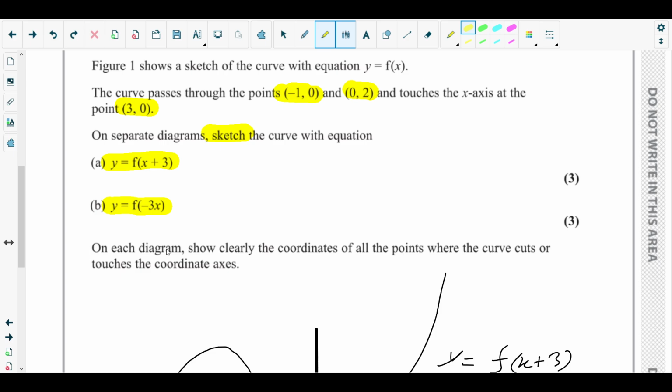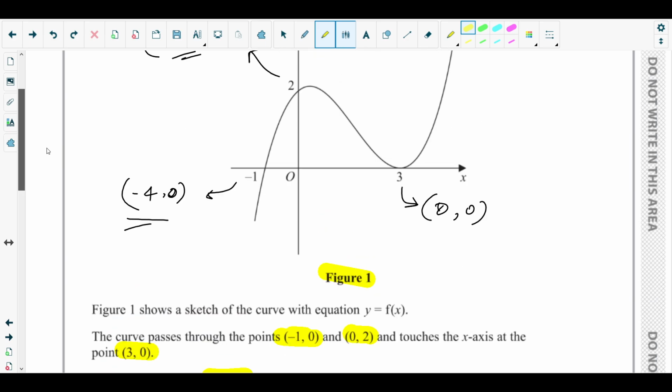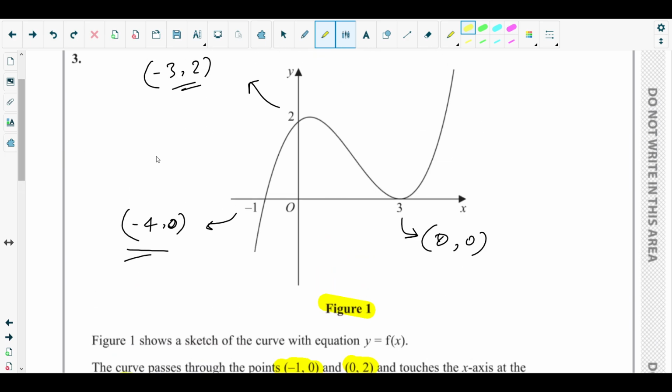Stretching. So since the value -3 has been multiplied within the bracket of the function, everything here happens along the x-axis: horizontal transformations. If a negative value is multiplied within the bracket, then it is a reflection on the y-axis, because all the x coordinates will be multiplied by the negative value.